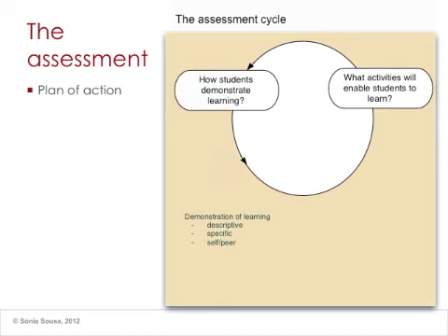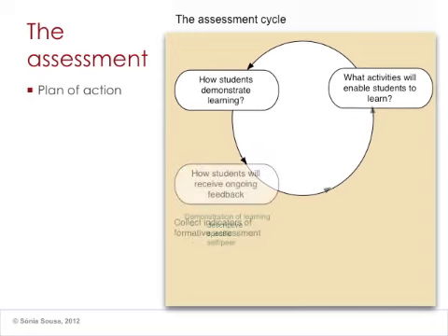Now that we identify the learning activities in this cycle, we need to know how students will demonstrate their learning. This can be provided by collecting descriptive or specific indicators or self-peer actions. After we collect the learning achievement indicators, those based on formative or summative assessment methods, we need to provide students some feedback.